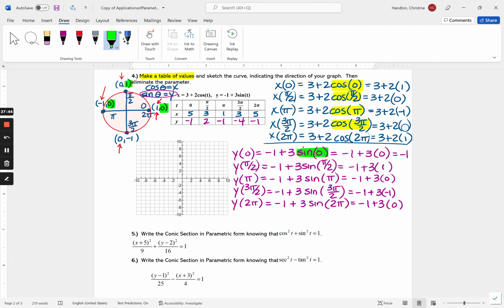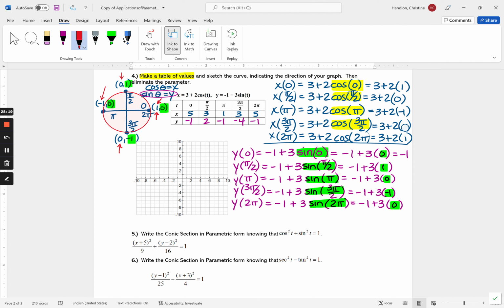Remember, sine means y value. So I looked to the unit circle and I found the y value at 0, the y value at pi over 2, the y value at pi, all the way till I got to the y value at 2 pi. And then I just did the arithmetic and I got the answers that you see in the table.